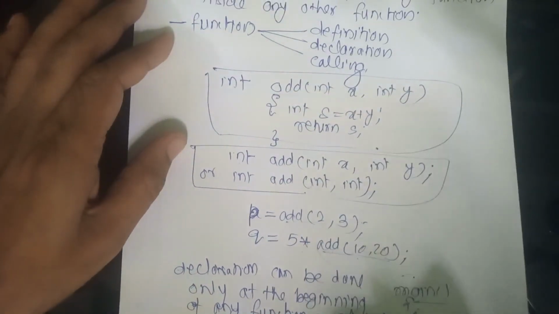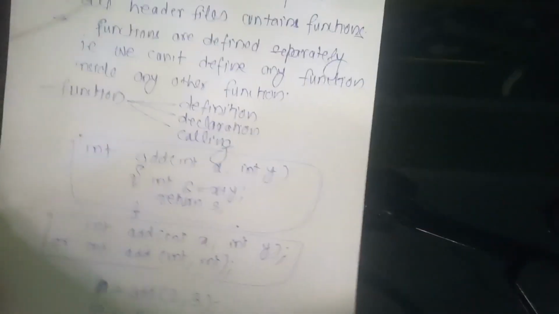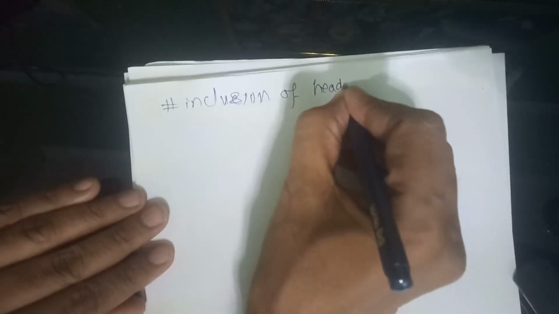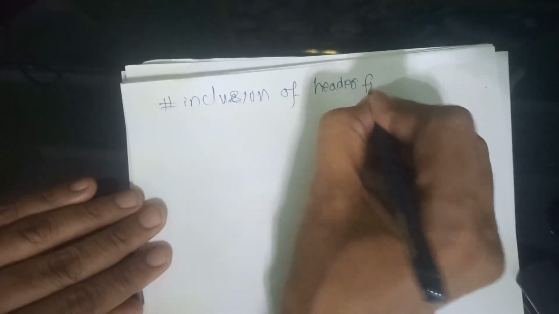Now see how the structure of a C program will look like. So we will write here structure. First of all, we have to include the header files. This is done at the beginning, that is, at the top of the program.